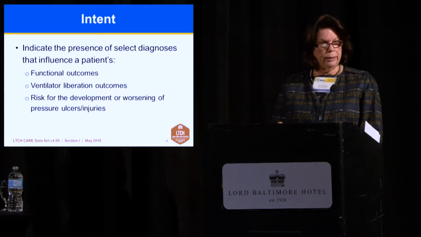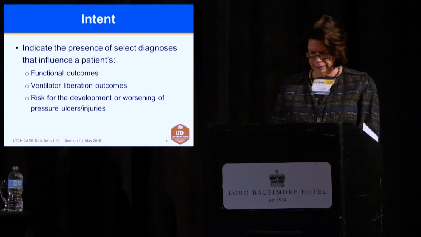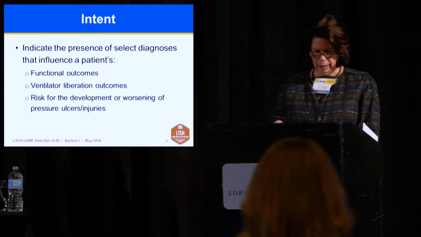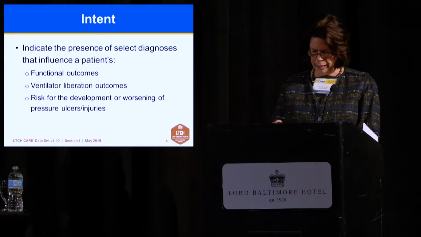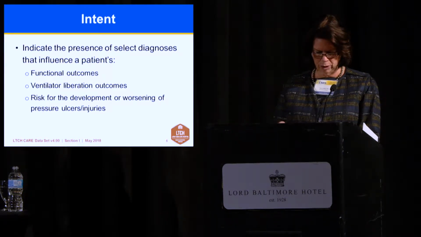The items in Section I are intended to indicate the presence of selected diagnoses that influence a patient's functional outcomes, a patient's ventilation liberation outcome, and/or influence the patient's risk for the development or worsening of pressure ulcers.